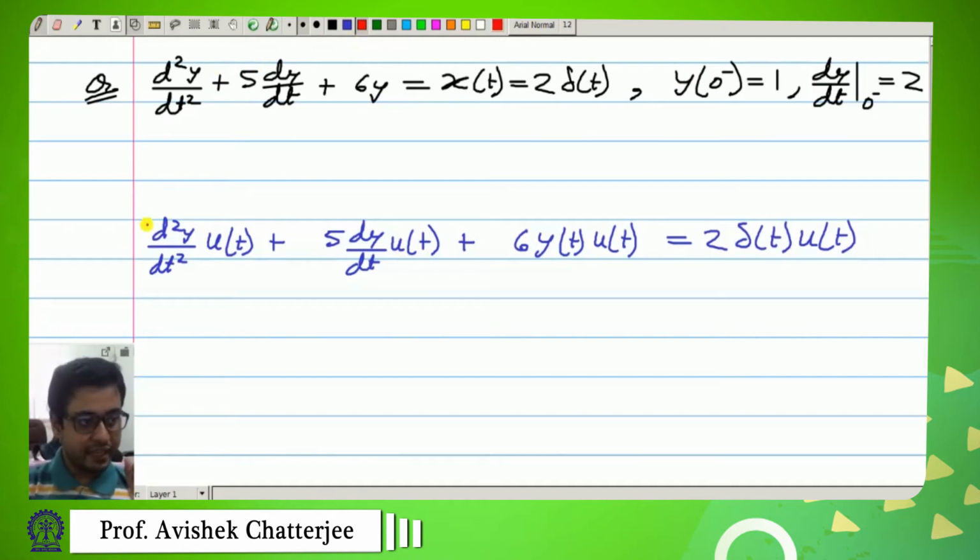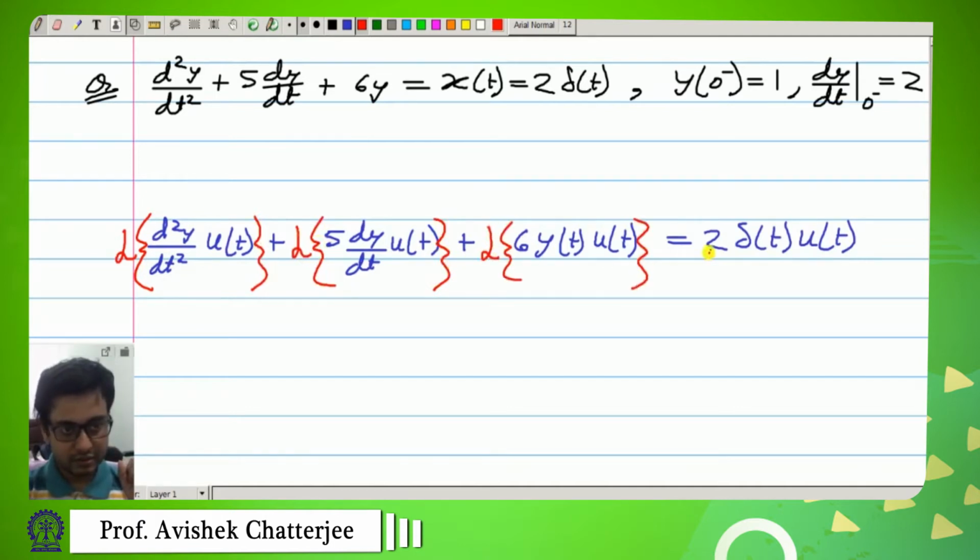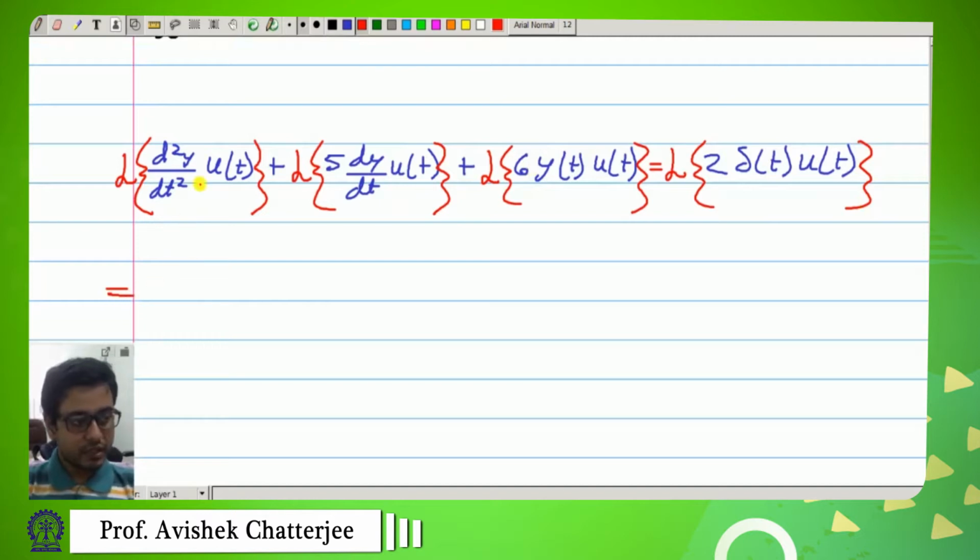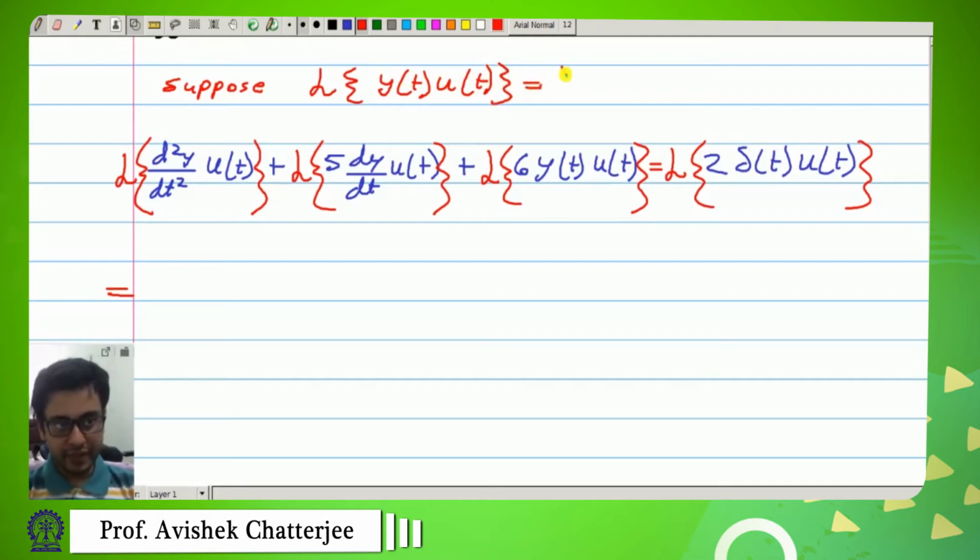Okay, now we will take Laplace transform of both the sides like this. Okay, so what will be the Laplace transform of this term? Suppose the Laplace transform of y u, that is unilateral Laplace transform of y, is capital Y of s.